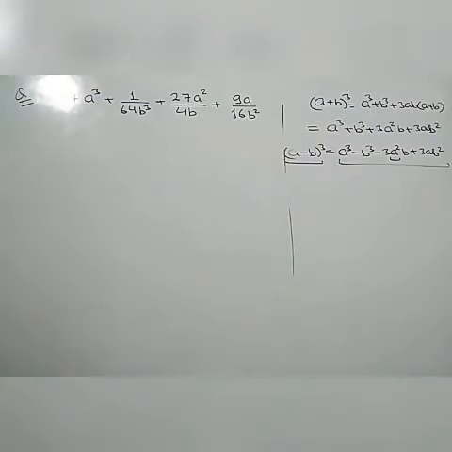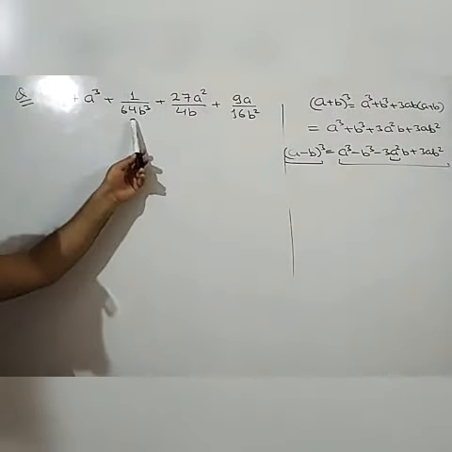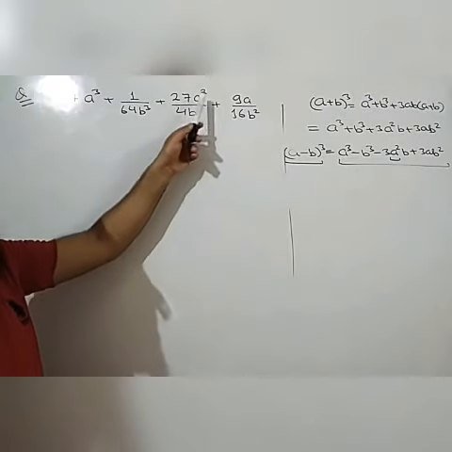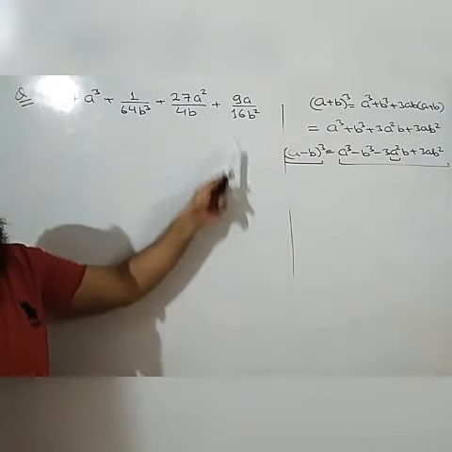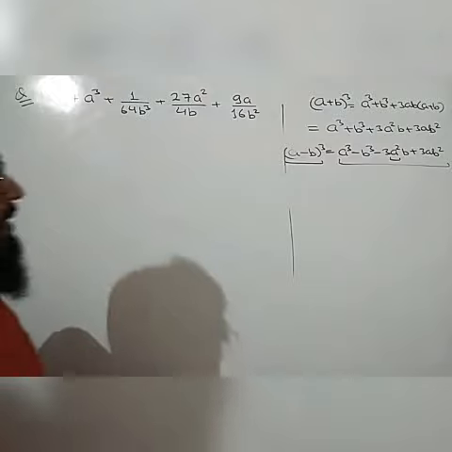Okay, now this is our question which we have to factorize: 27a cube plus 1 upon 64b cube plus 27a square upon 4b plus 9a upon 16b square.